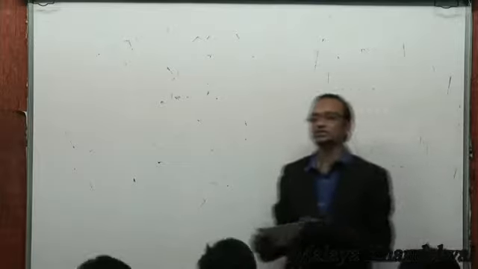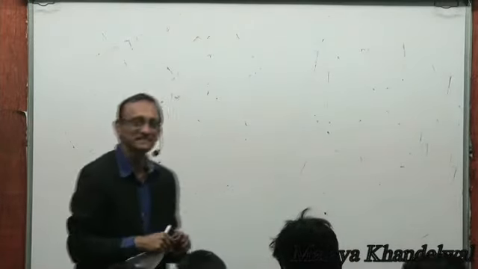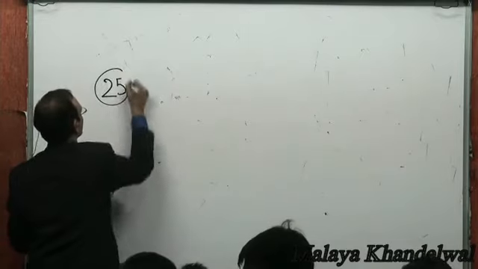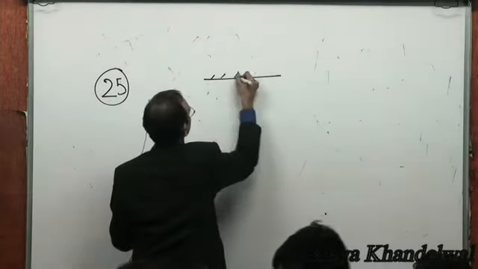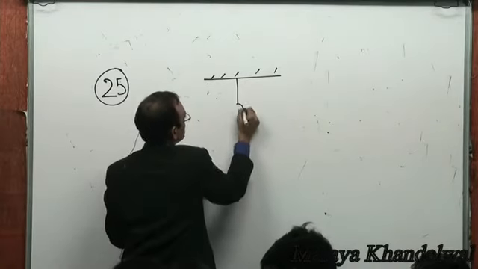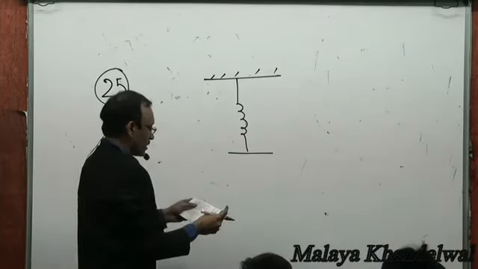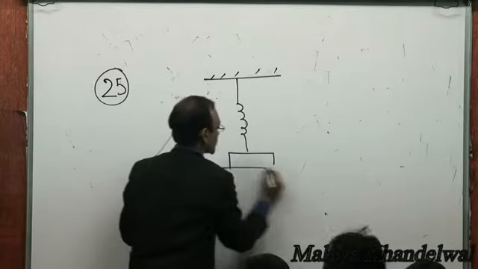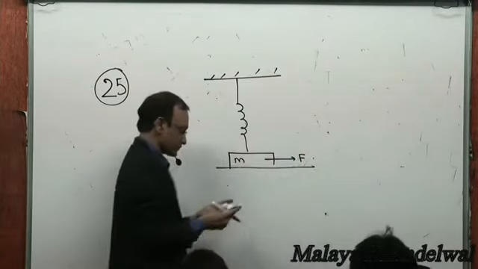Yes, your attention one more time, one last time for today. So there is a spring here attached to a mass m, and there is a force F applied to this mass m.